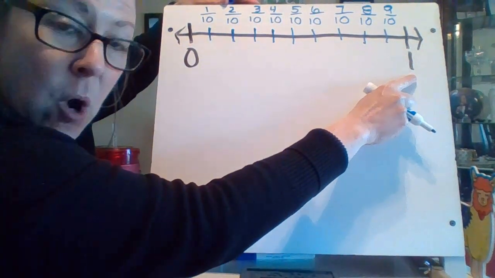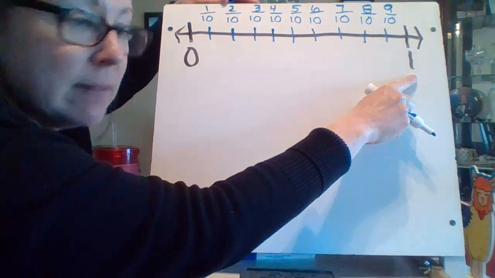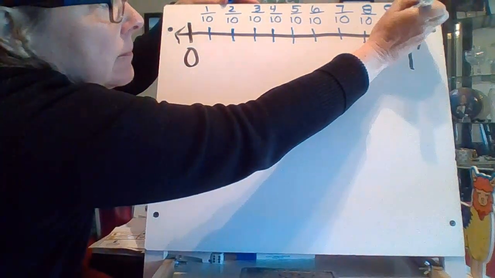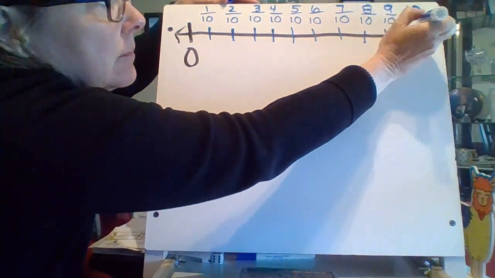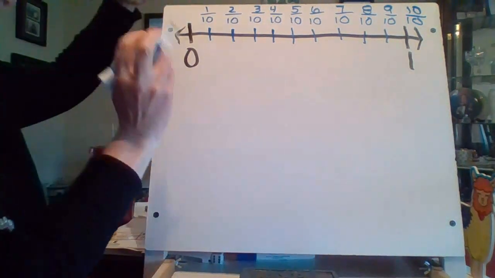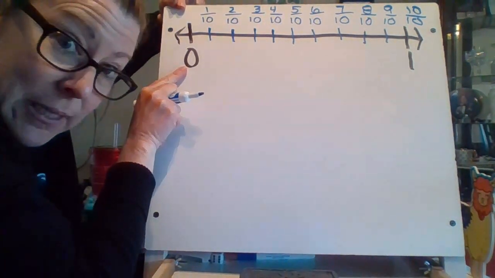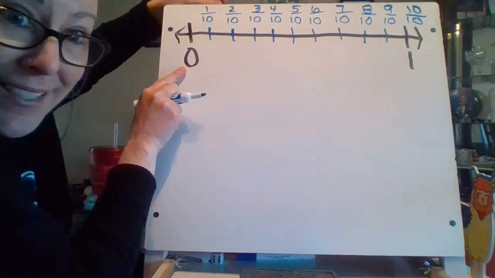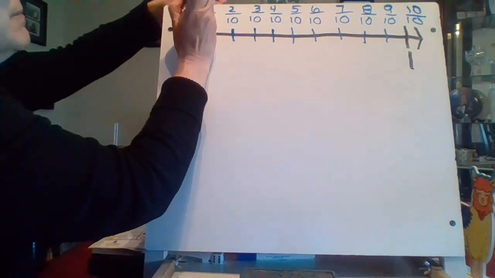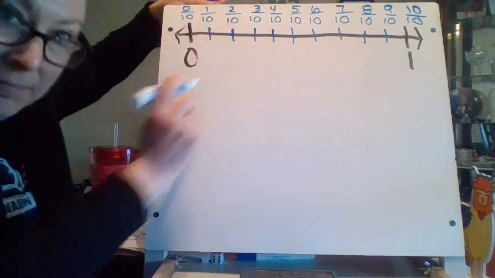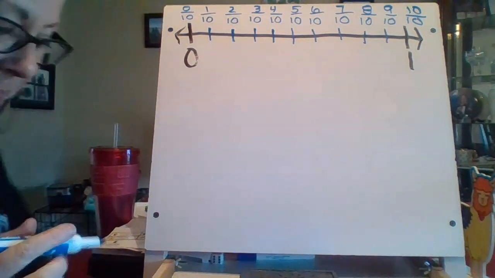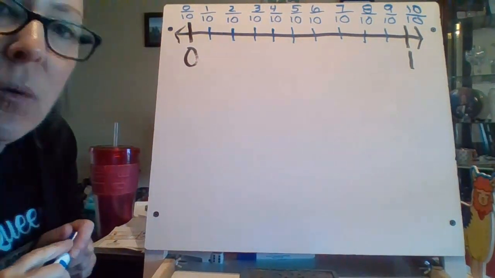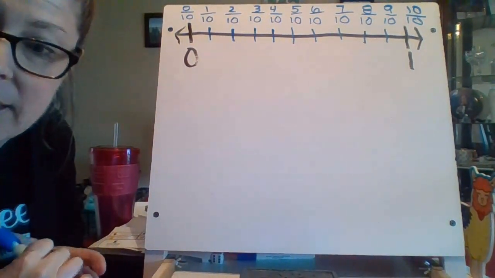And over at my 1 whole, I know that 1 whole is 10 tenths. And even at my 0, I can put 0 tenths if I want to. You have nothing. So here I have all of my tenths.